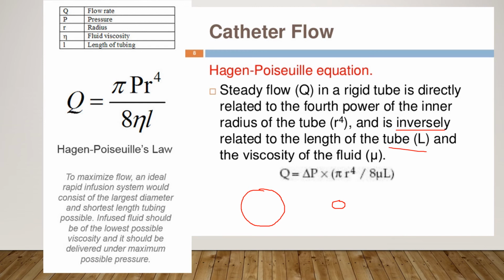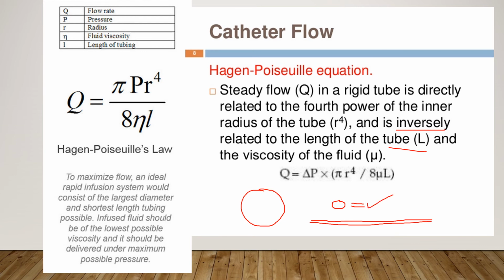inversely related to length. So the longer the catheter, whatever central lines are like this, as compared to a cannula which is like this. So if both the radius are same, then the flow will be higher, faster in which one, this or this? It will be in this, because the length is smaller.